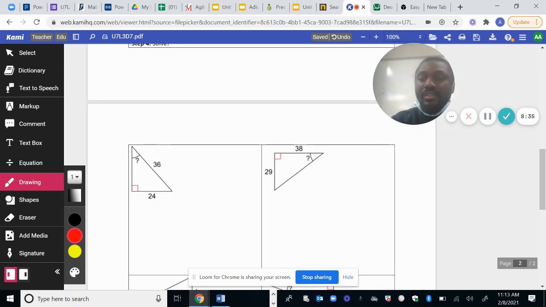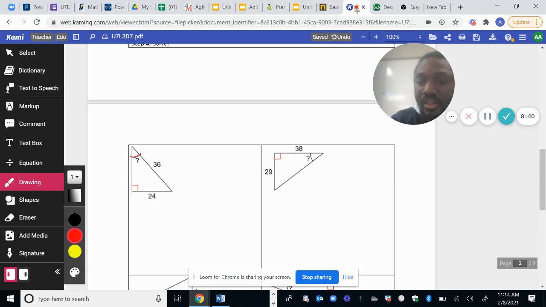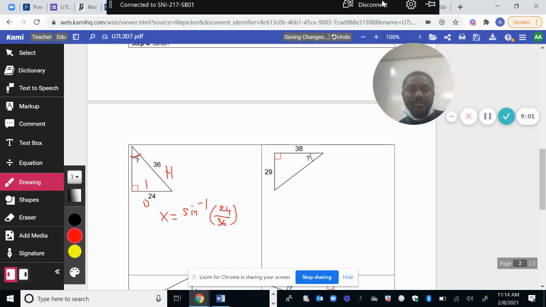So here, this is the missing angle, and the opposite side is here, and this is the longest distance. So you're going to say x equals opposite 24, longest distance 36, and what gives you that? It's sine. Then you write sine inverse of 24 over 36.